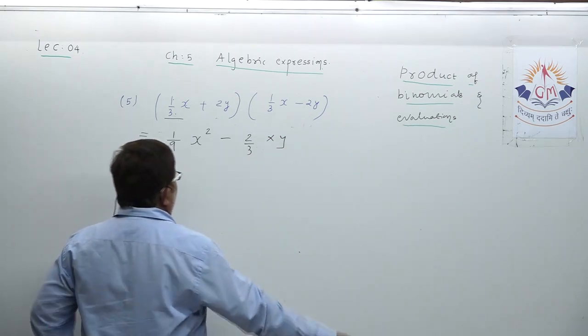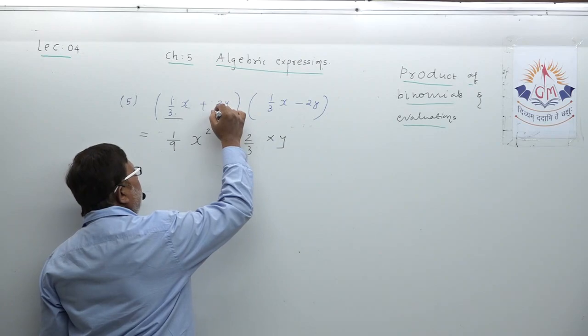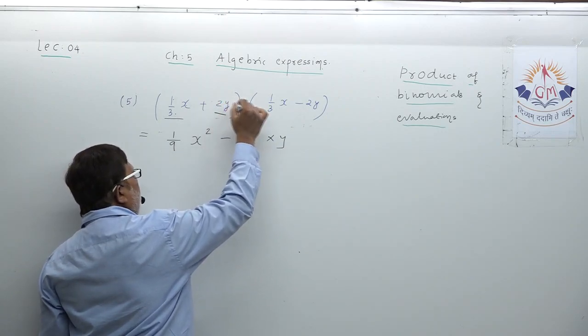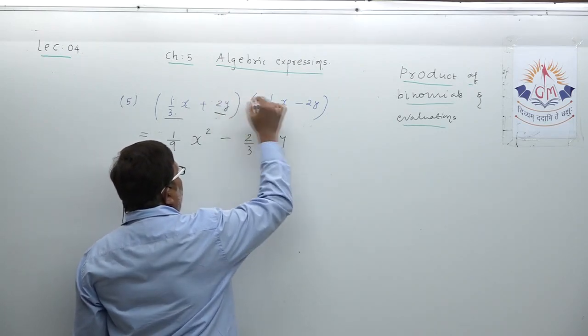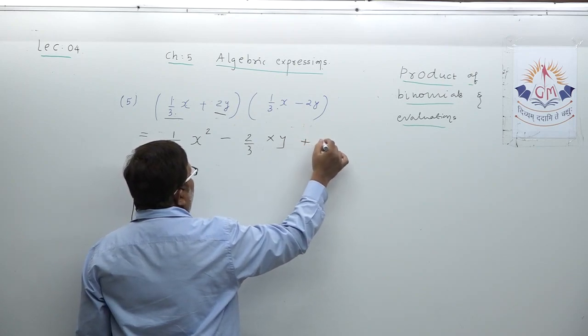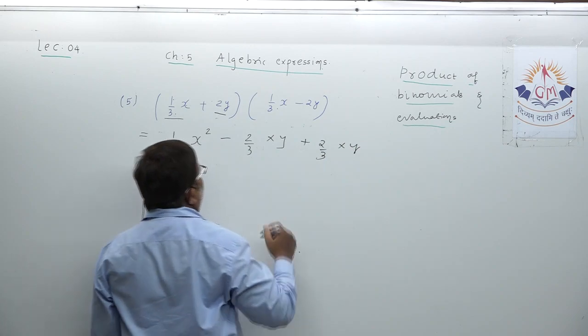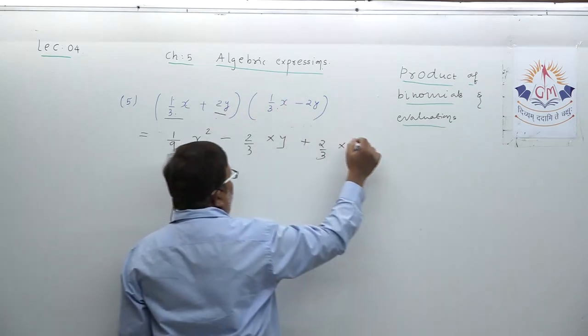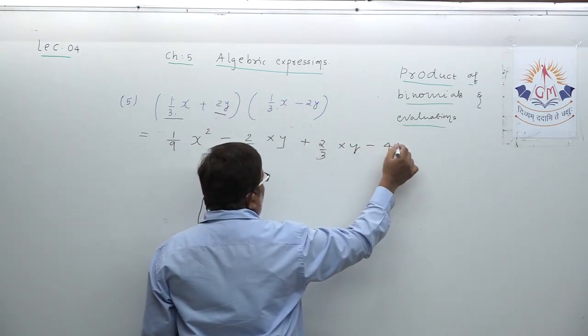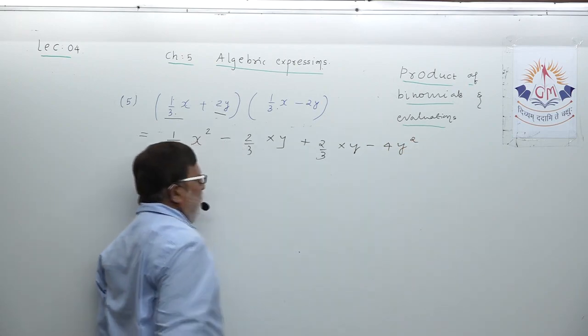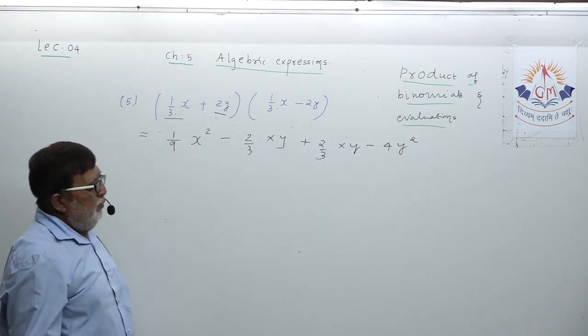Now you have to target the second term, 2y, to be multiplied with this. 2 ones are 2, plus upon 3 xy, plus minus 2 twos are 4, y into y, that is y square.